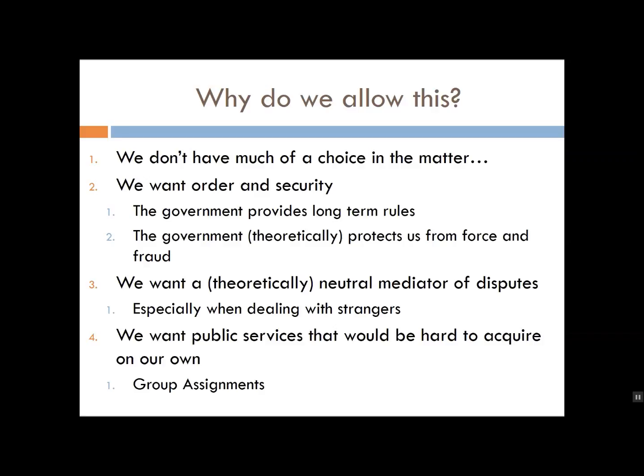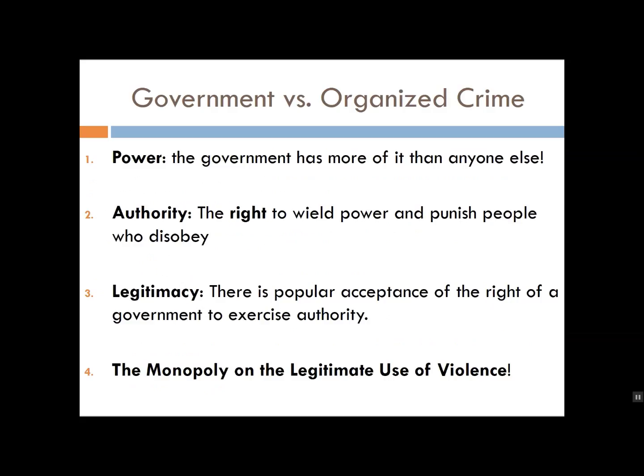So how are governments different from other types of coercive institution like organized crime if they both facilitate political processes, both wield coercive power, and both run protection rackets? Well, what we're going to find is that there are three defining characteristics that do tend to set the governments of the world apart from things like organized crime groups.